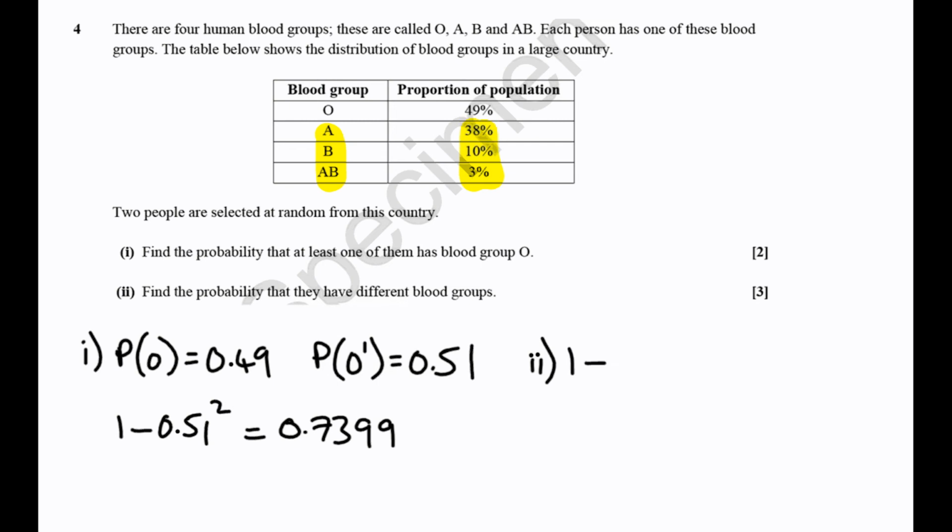So starting with 1, I'm going to subtract the combination where both of them are blood group O, subtract the combination where both of them are blood group A, subtract the combination where both of them are blood group B, and subtract the combination where both of them are blood group AB. Okay, and from there we can quickly get our answer, 0.6046.